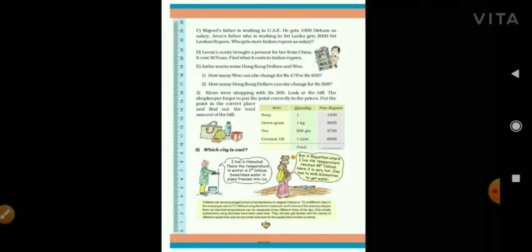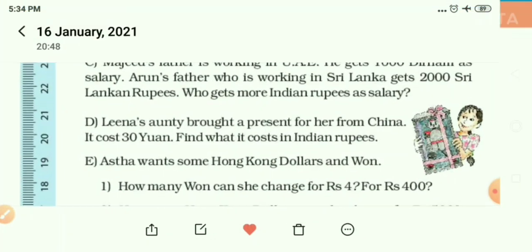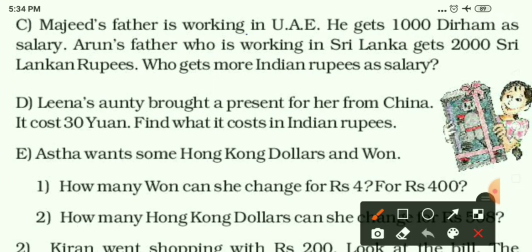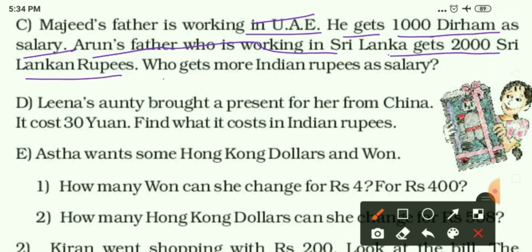Question C. So here Majid's father is working in UAE, the United Arab Emirates. He gets 1000 dirham as salary. Arun's father, who is working in Sri Lanka, gets 2000 Sri Lankan rupees. Who gets more Indian rupees as salary?